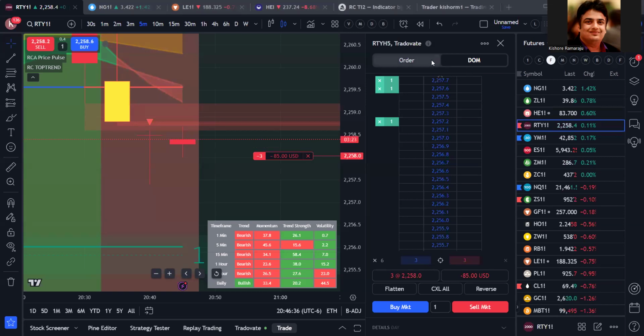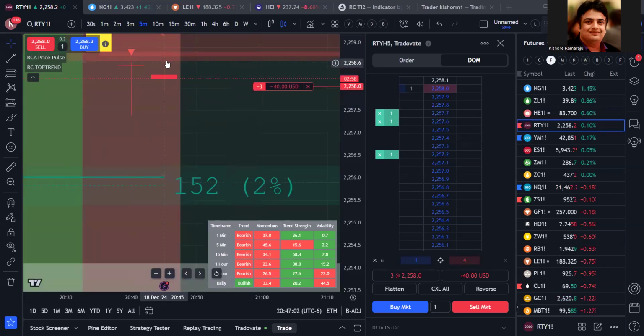So you have to go to this, click on this trade. In the trade, you can put your targets and you can put your stop loss levels. If you click here, that will put the stop loss levels. Now, because you shorted, you kept your targets at the bottom. Now this can go all the way to the bottom.